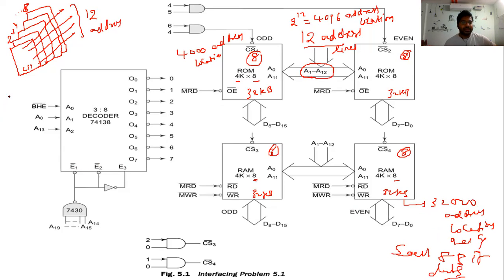Now see this. This is the microprocessor side, the CPU side. We connect to the decoder circuit only: BHE bar, A0 address line, A13, and so on. A19 to A15 and A14 go to the decoder, and the remaining address lines A1 to A12 go to the memory.